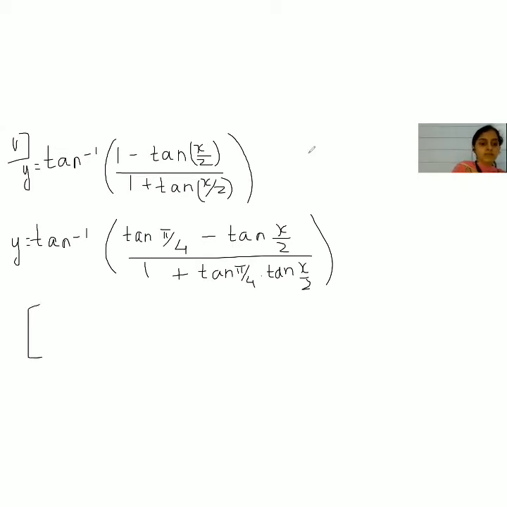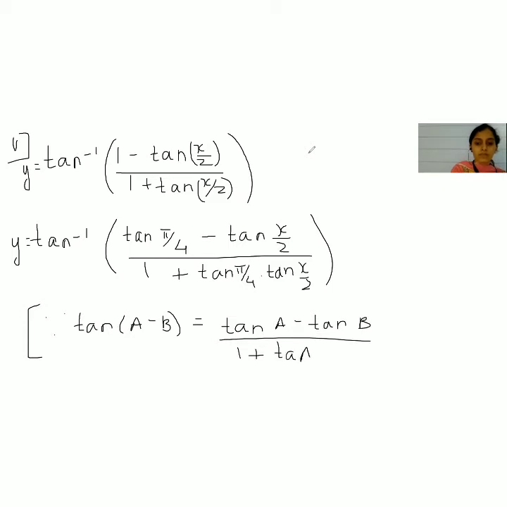Since tan of A minus B is equal to tan of A minus tan of B upon 1 plus tan A tan B, this is equal to tan inverse of tan of A minus B. What is A?